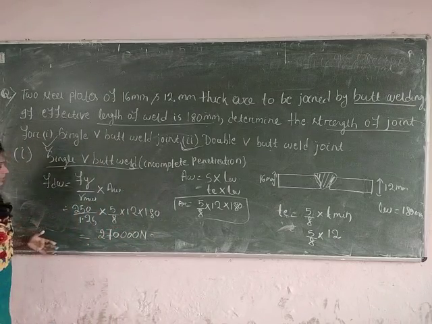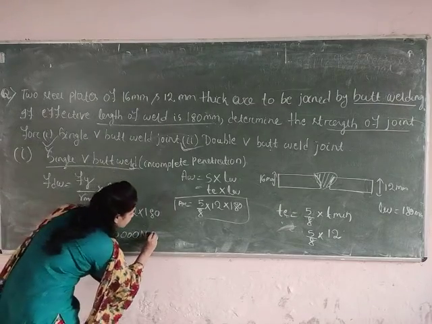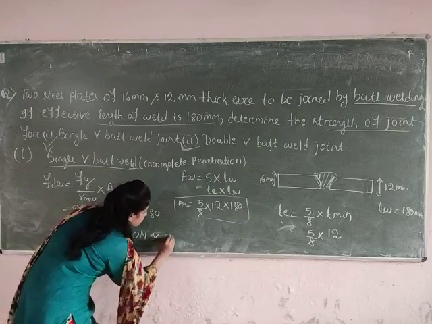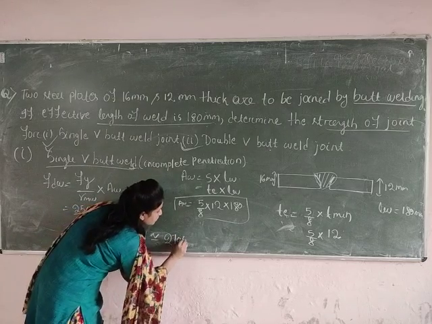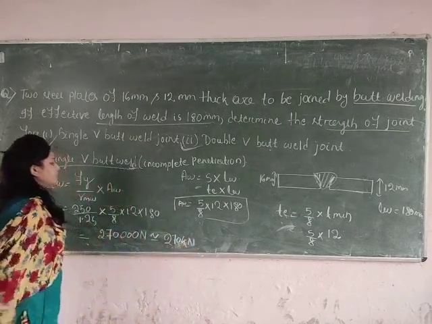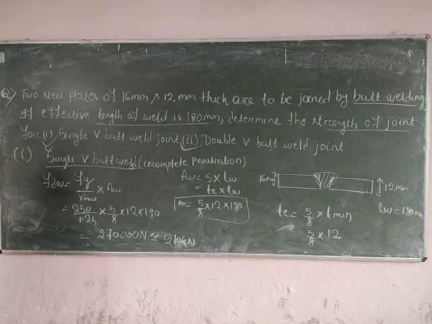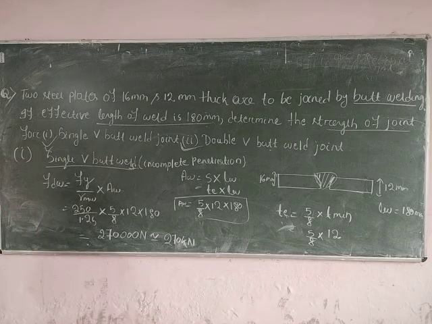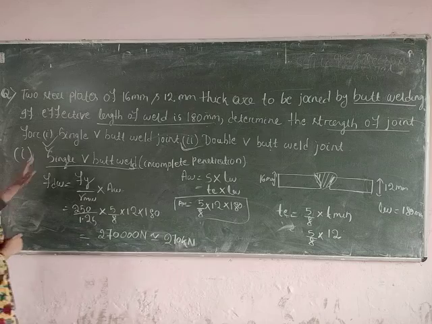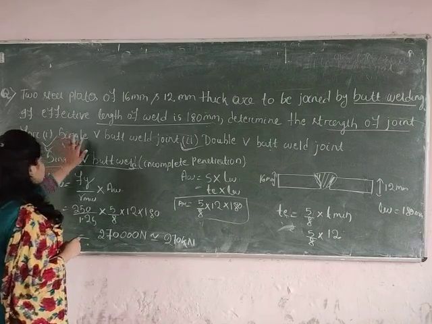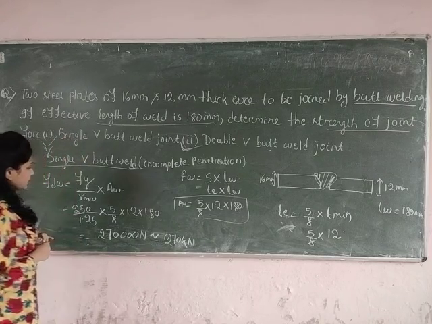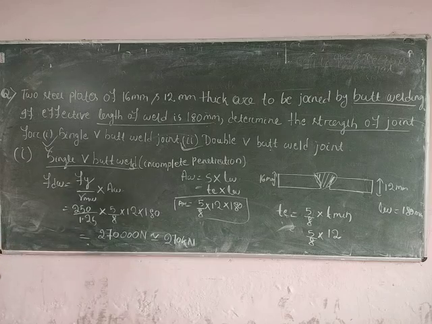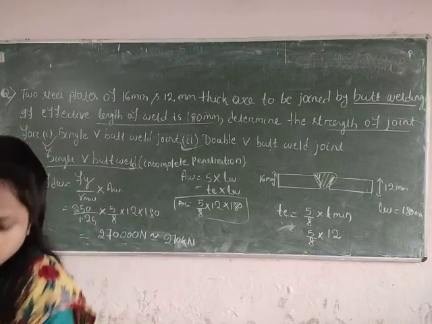So you can write this value in kilonewton, that is 270 kilonewton. So we have calculated the strength for the single V butt weld joint, that is 270 kilonewton.